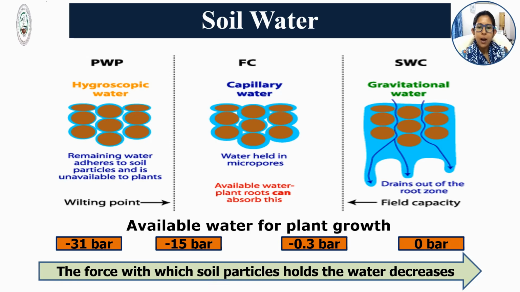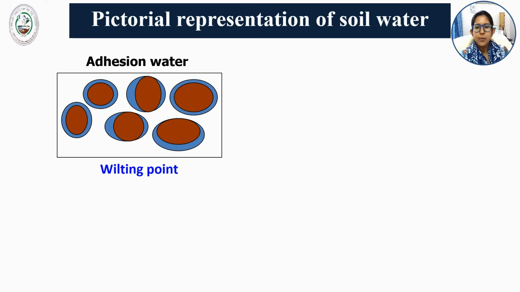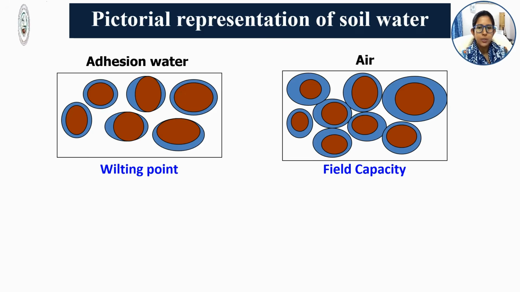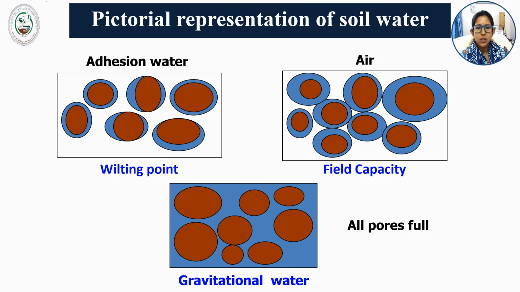So if water is available within this range, our plants can grow comfortably, but as the water content reduces and the soil holds the water with more and more force, the roots face more difficulty extracting it, which indicates that we have to irrigate or provide supplemental water to support plant growth. And this is again a representation of the air and water within the soil profile at gravitational, at field capacity and at the wilting point.